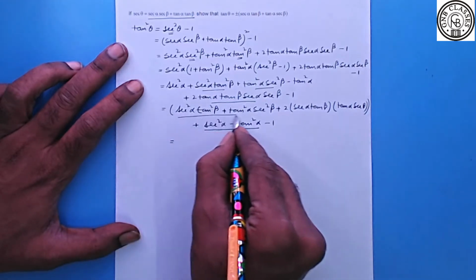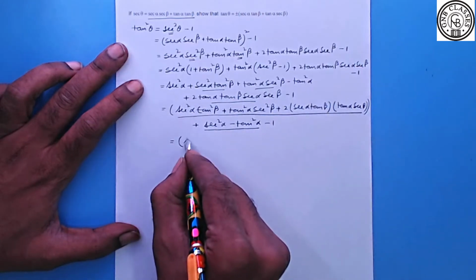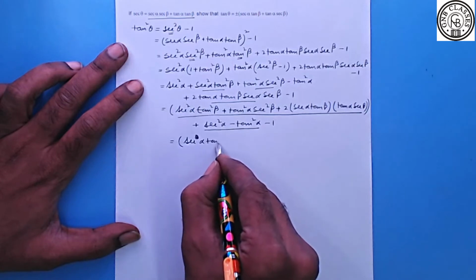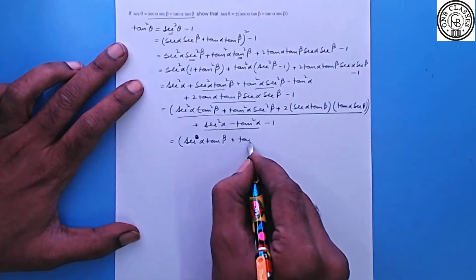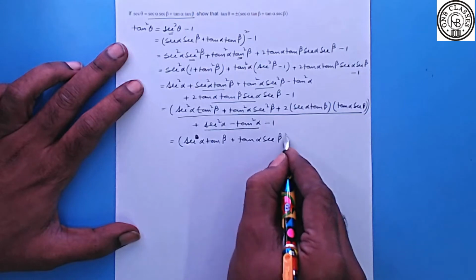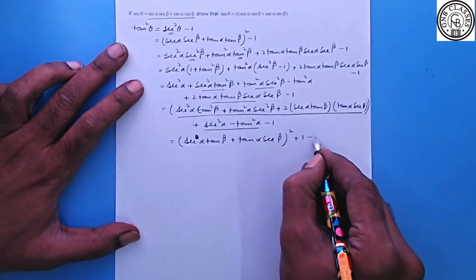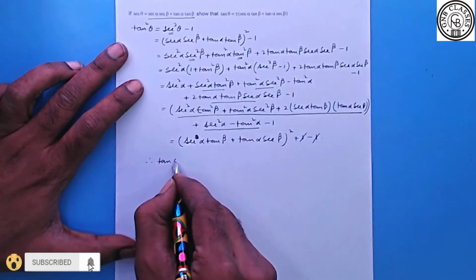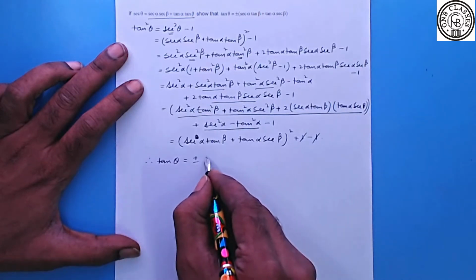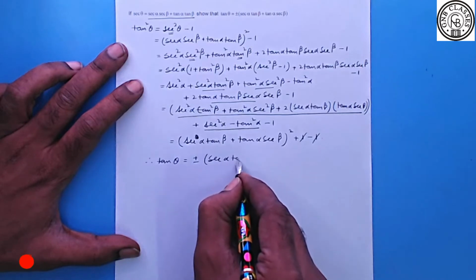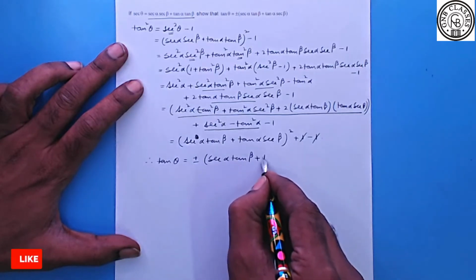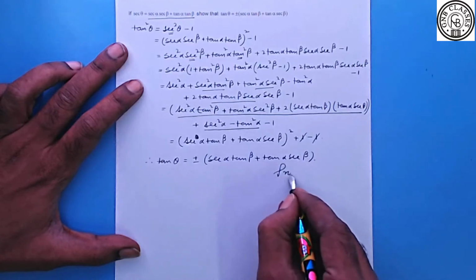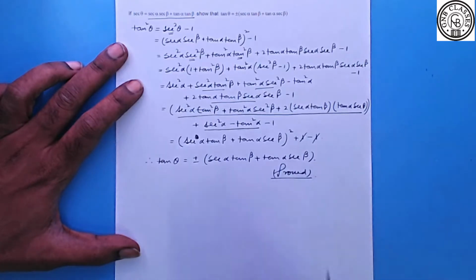And this part will give you (a plus b) whole square, which is nothing but (sec alpha tan beta plus tan alpha sec beta) whole square plus 1 minus 1. So this goes off. Therefore, tan theta is plus minus (sec alpha tan beta plus tan alpha sec beta). Proved. Okay?